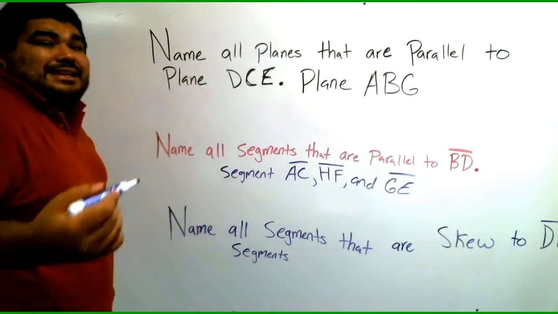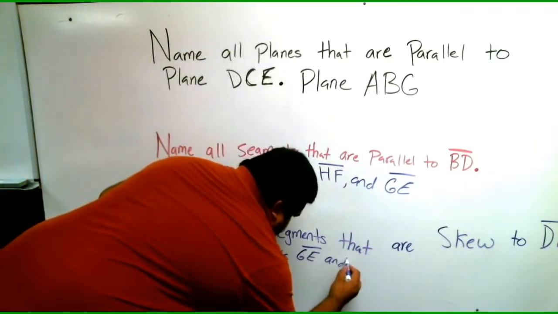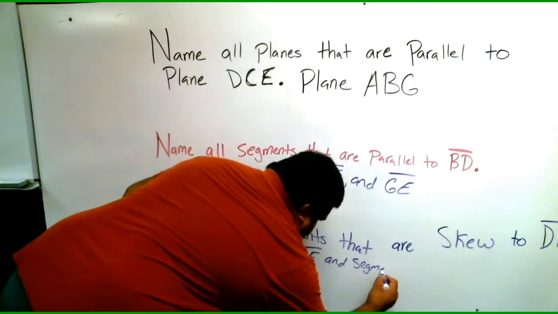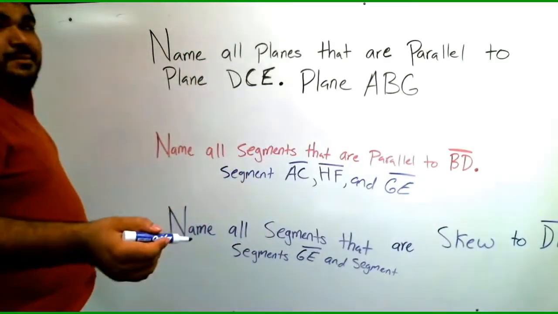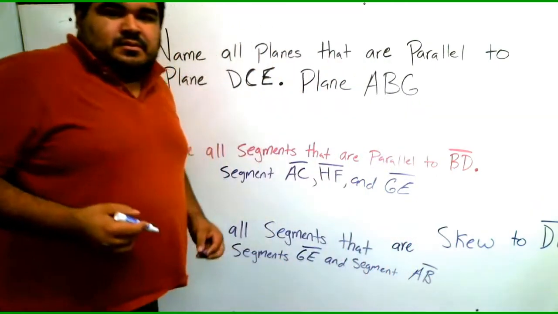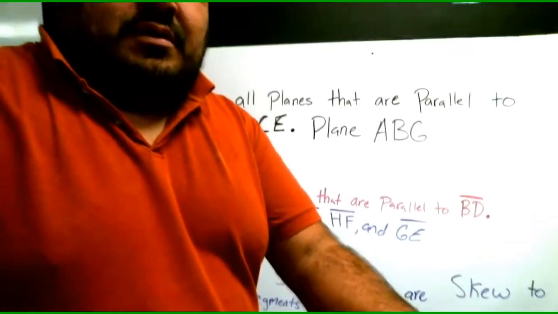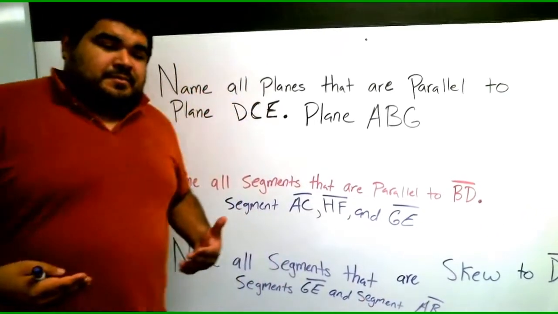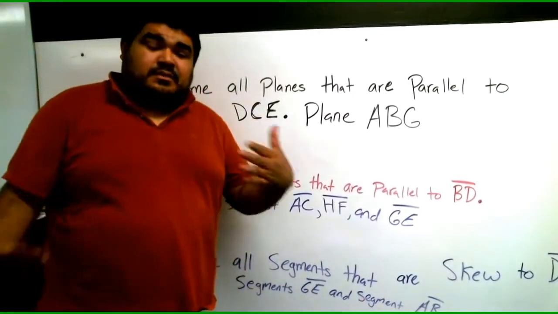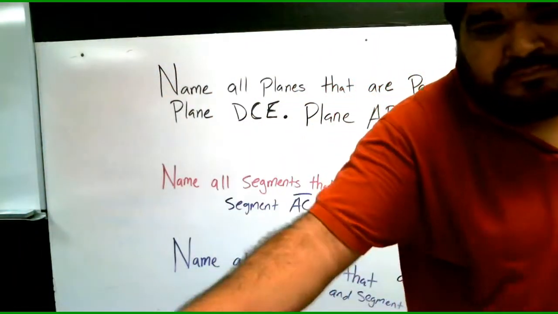We said GE and segment AB. And that is our answer. Okay? Keep in mind, all we were doing is proving if they were parallel, if they were not, if they were skewed.